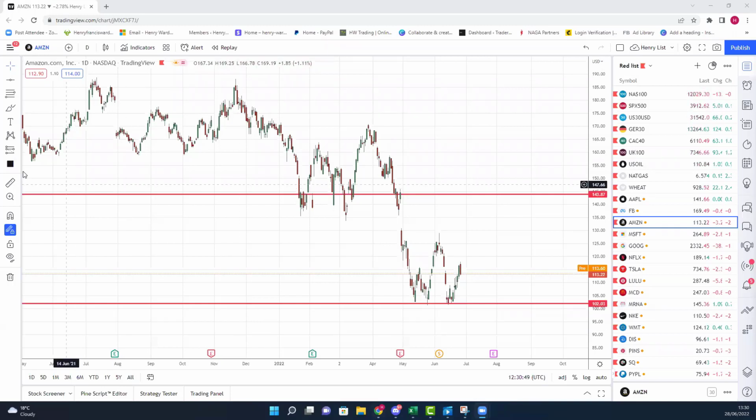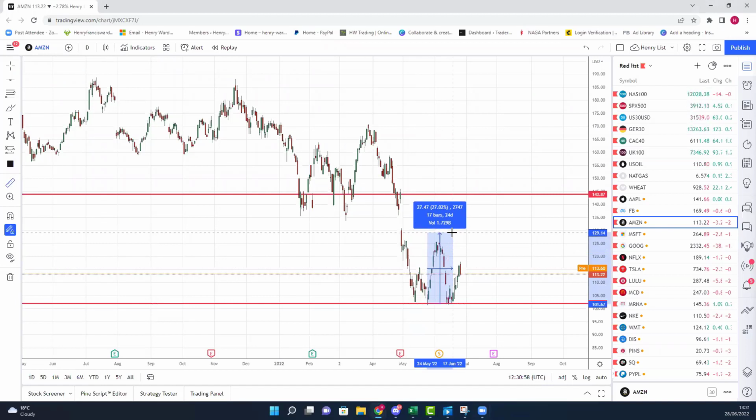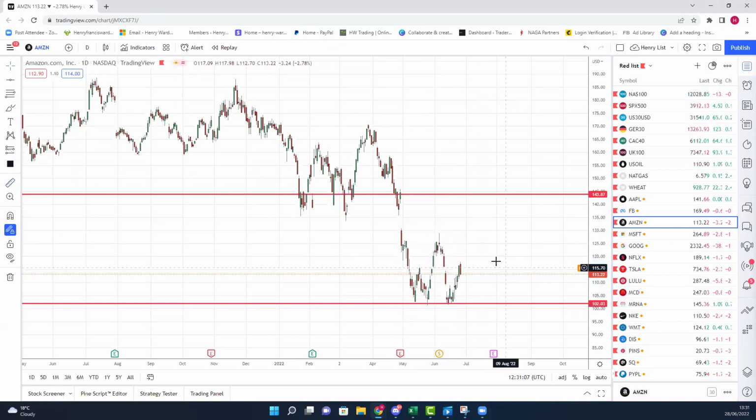We can see here that Amazon, they knew the splitting of the shares was happening. Look, it jumped from here to there, which was 27%. Now, I understand that the market went back, but in a normal market that would just continue going, and we'd probably see that same movement go up to about there somewhere, $160. Why? Because it's good for the market. It gets people talking about it.